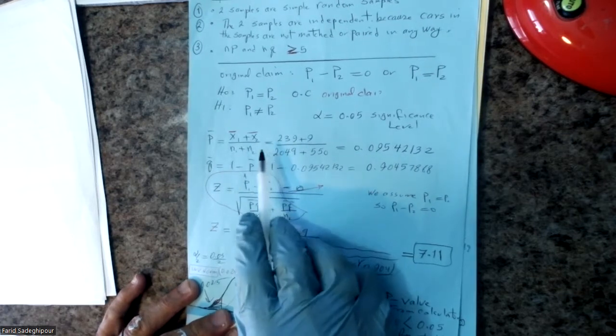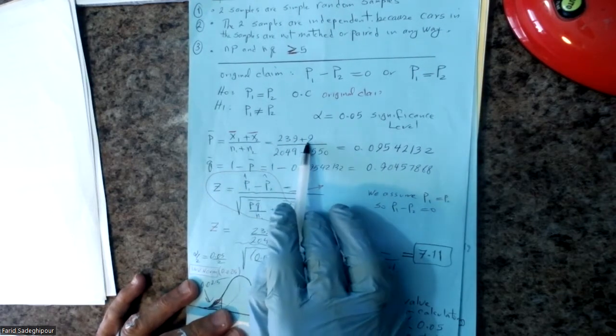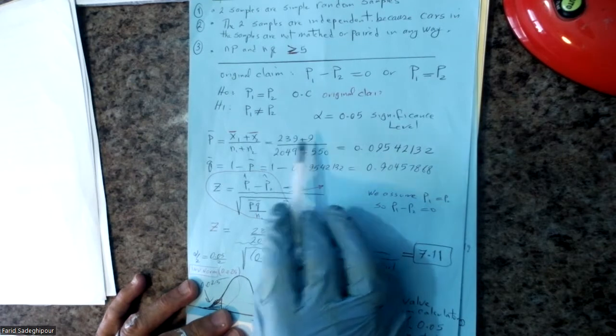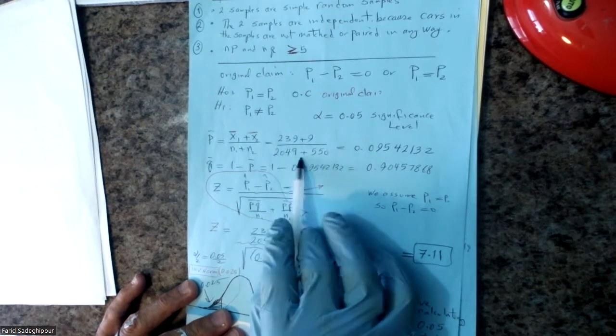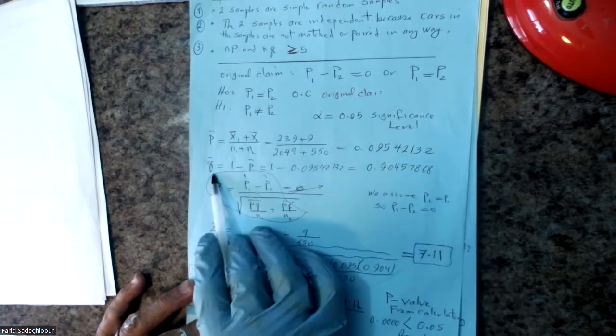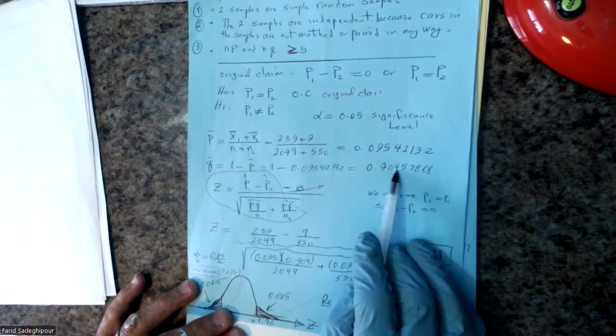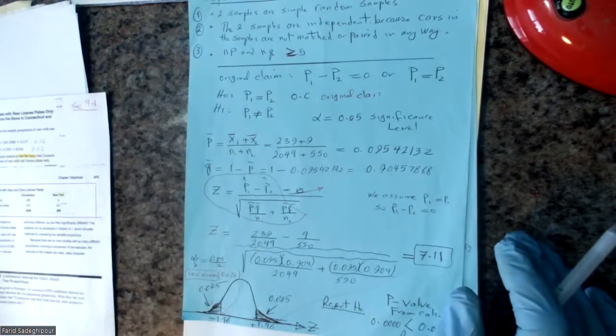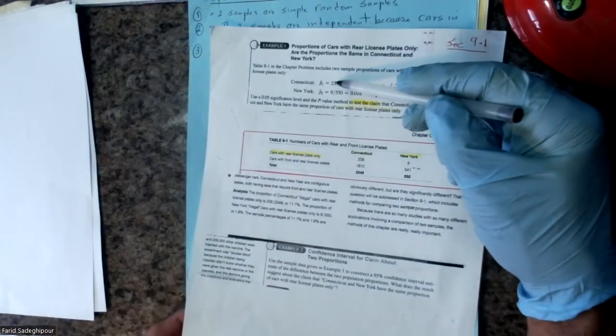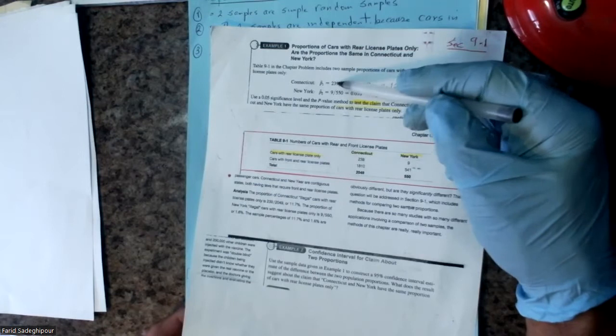We already have x1 and x2, which is 9 and the second one is 239, divided by the total n. And then Q bar is always 1 minus P bar. So here, this is x and n.